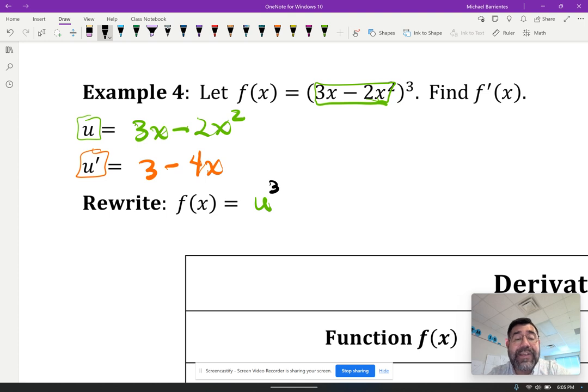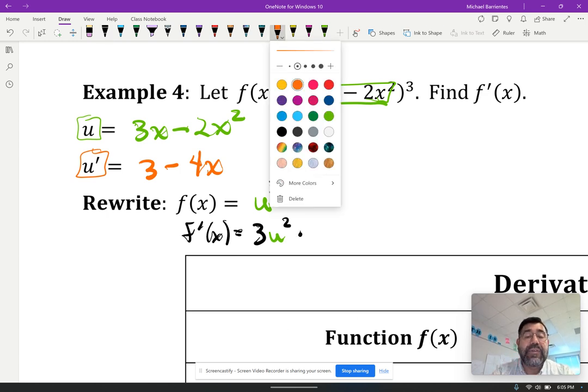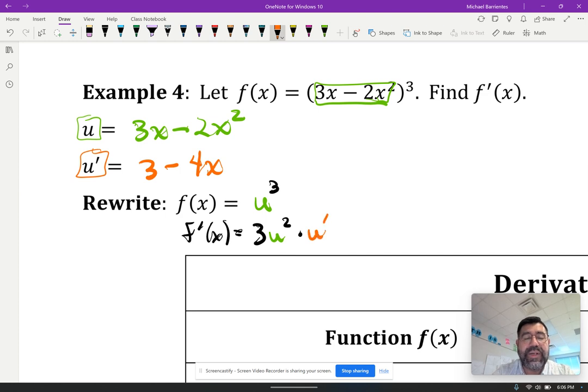So if I think of this as my derivative, then I can say f prime of x is the derivative of this outer function with the inside still in it. So that would be 3u to the second power times the derivative of the inside, and that would be u prime.